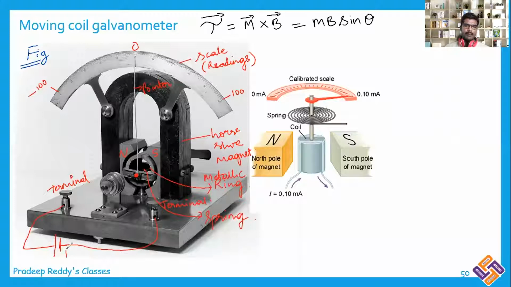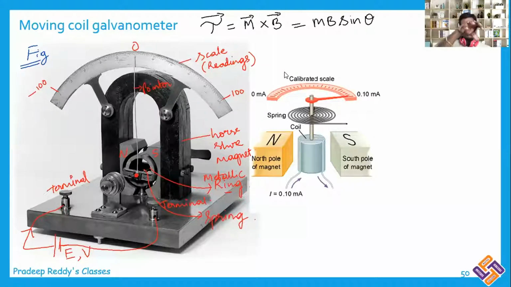You can provide some potential difference here, denoted with E or V. In the figure there is no battery shown, but you can take the two terminals and connect them to an external battery. When you connect it to an external battery, current will flow through this metallic ring also. And as current is flowing in that metallic ring placed in the external magnetic field, it will experience a torque.